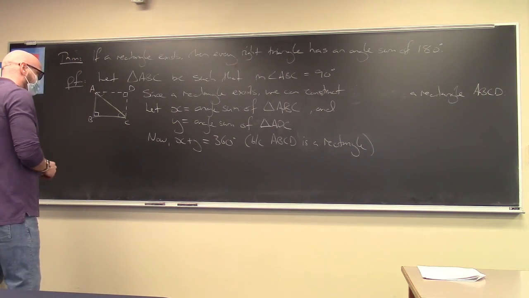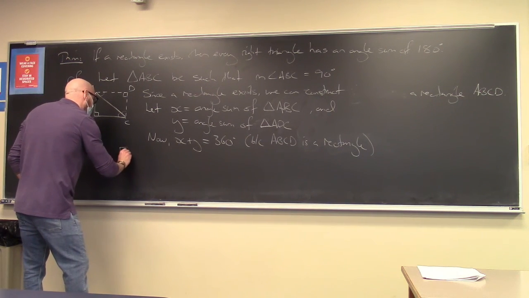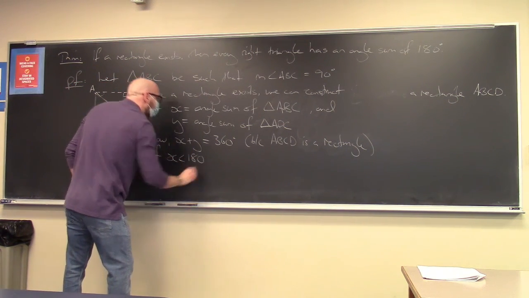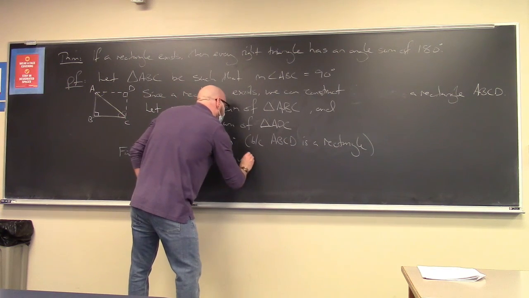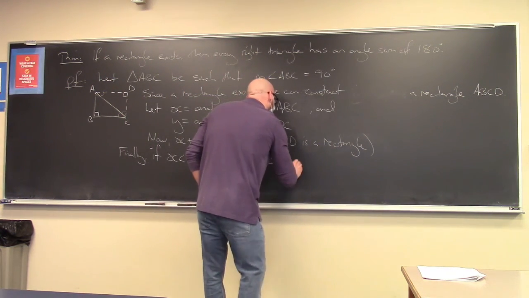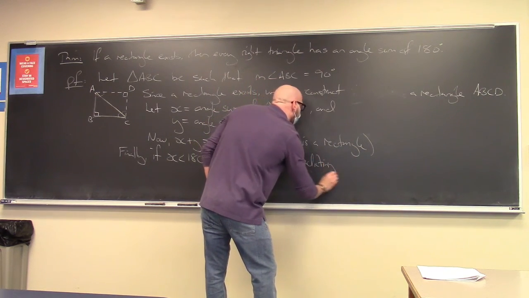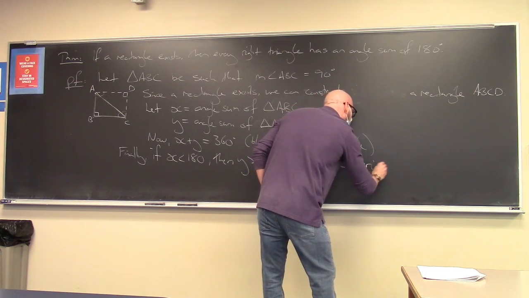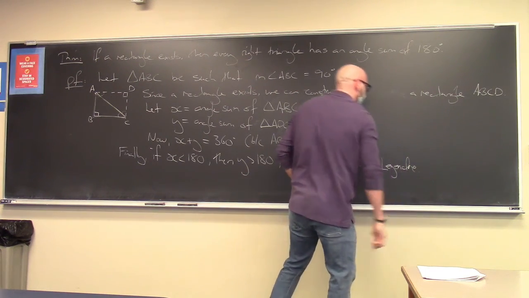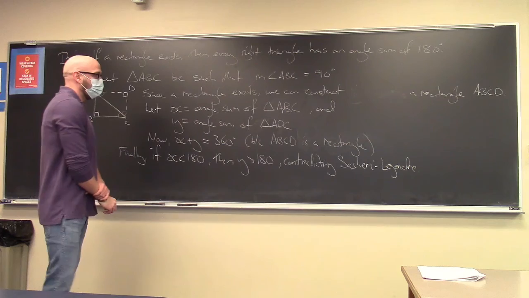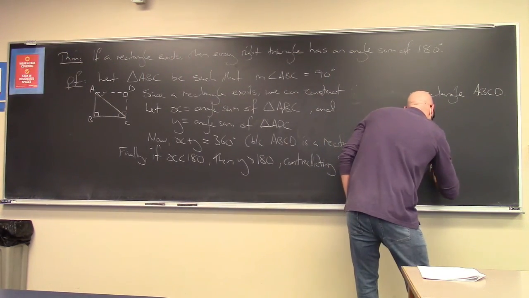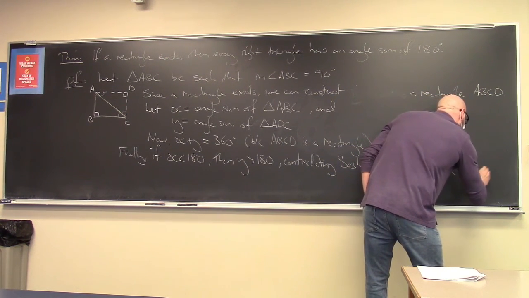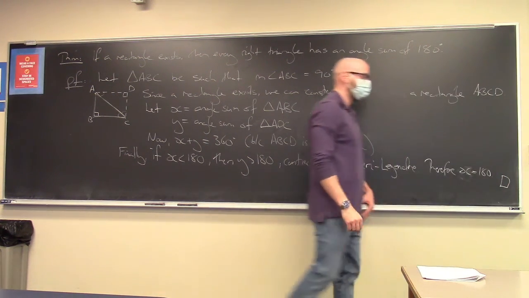So finally, if x is less than 180, then y is bigger than 180, contradicting Saccheri-Legendre. Therefore, x equals 180. Done.